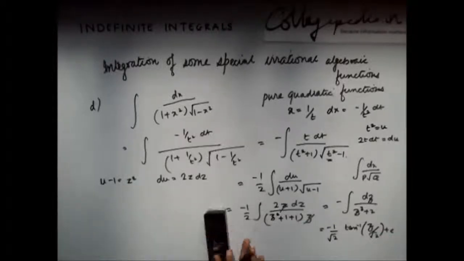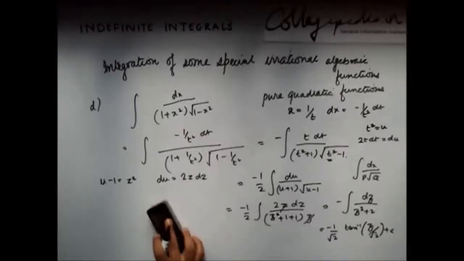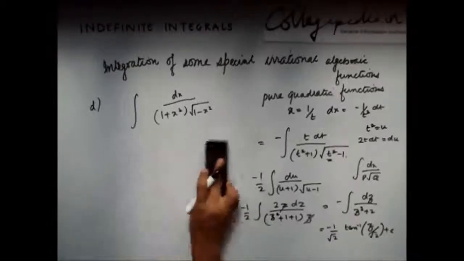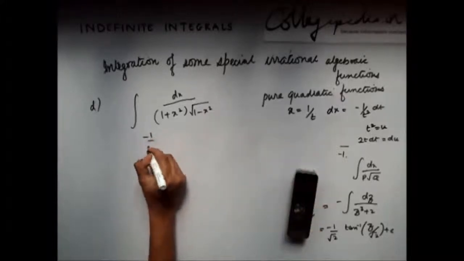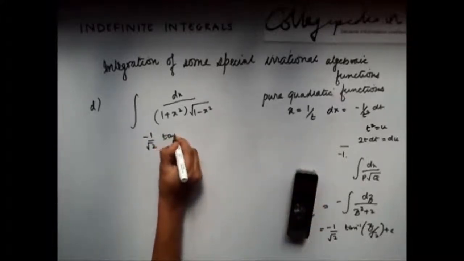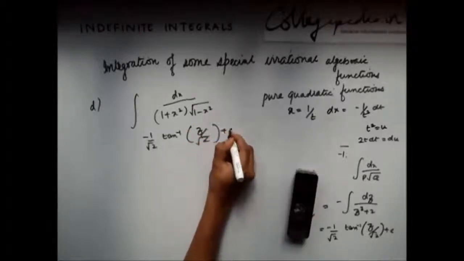Now what you need to do is replace z with u, replace u with t, and then finally replace t with x. Okay, so let's do that. My solution is minus half tan inverse z by root 2 plus c.